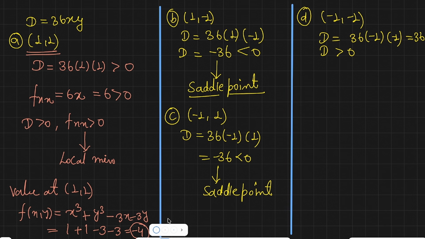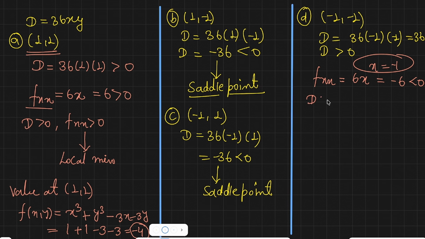If d is greater than 0, then I will check the partial derivative with respect to x. It is 6x. When I put x equal to minus 1, it is minus 6, which is less than 0. When d is greater than 0 and f_xx is less than 0, it is the case of a maximum, or more precisely a local maximum at this point.